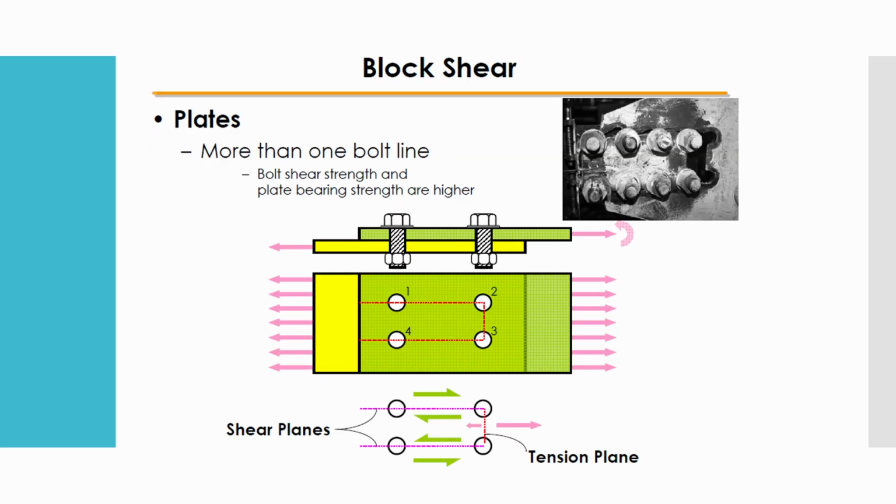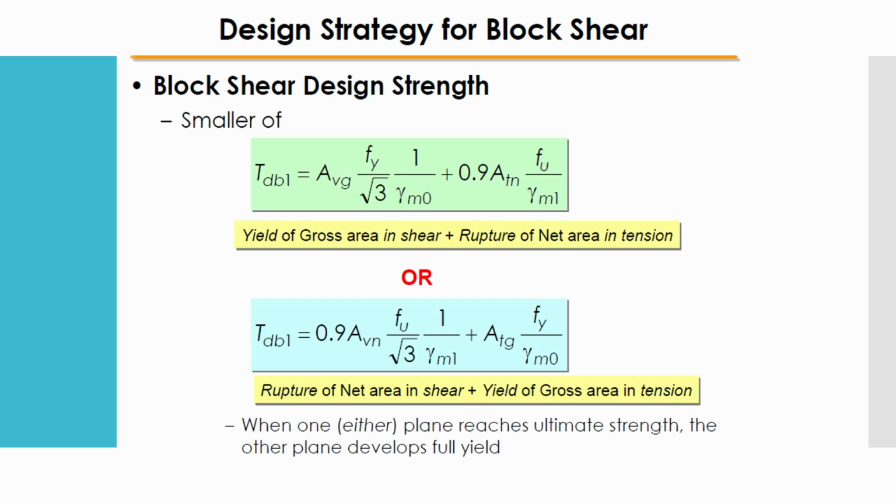For more than one bolt line, the plate has a shear plane and a tension plane, as shown in the figure. The block shear design strength is calculated as the smaller value of these two: yielding on the gross area in shear plus rupture on the net area in tension. Whichever is smaller, we consider as the block shear design strength.